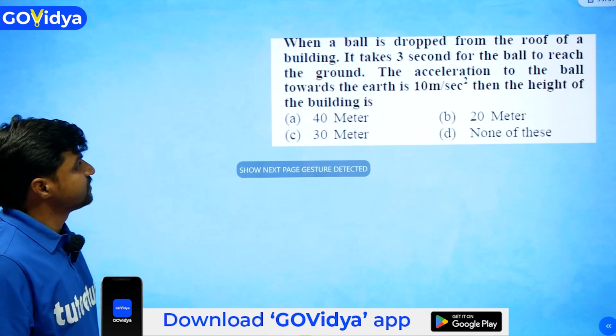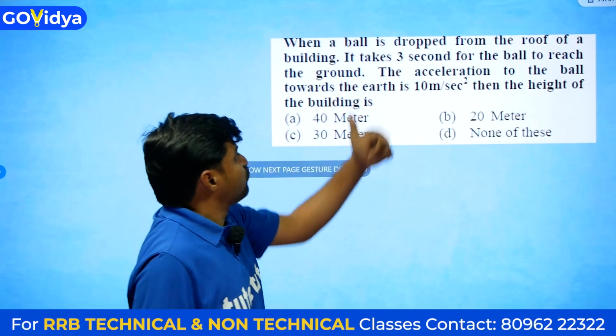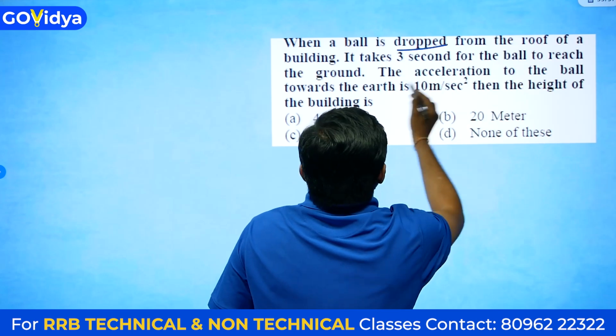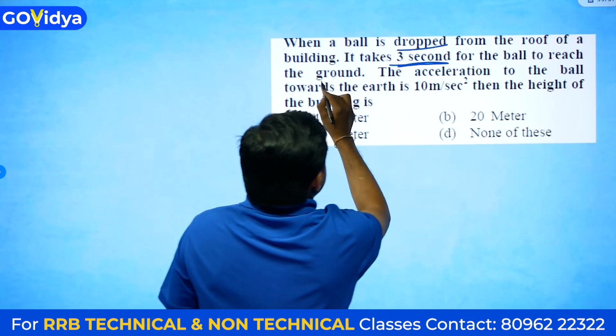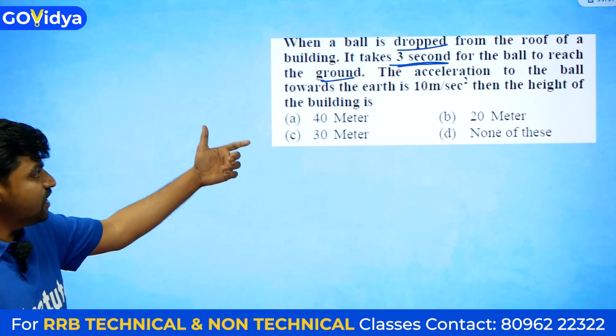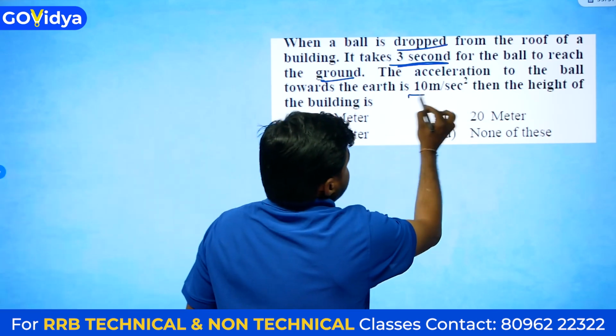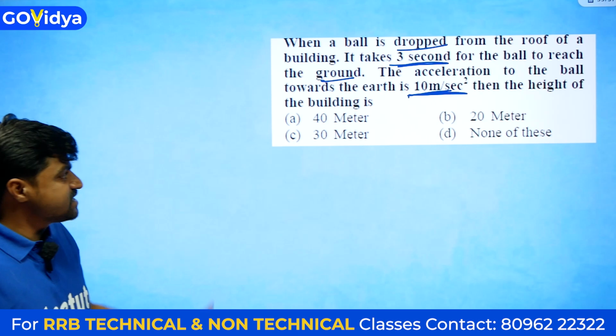Next question. A ball dropped from the roof of a building takes 3 seconds to reach the ground. The acceleration of the ball towards the earth is 10 meter per second square. What is the height of the building?